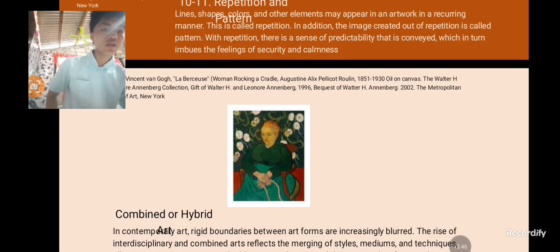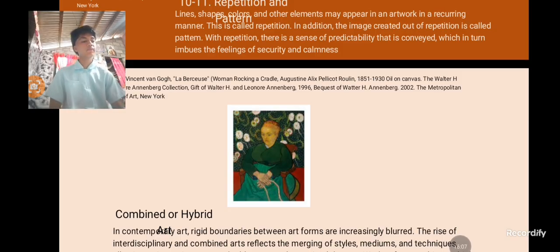This modern trend combines or hybrid arts. This modern trend blurs traditional art boundaries by merging styles, mediums, and technologies across disciplines like dance, visual arts, and literature.